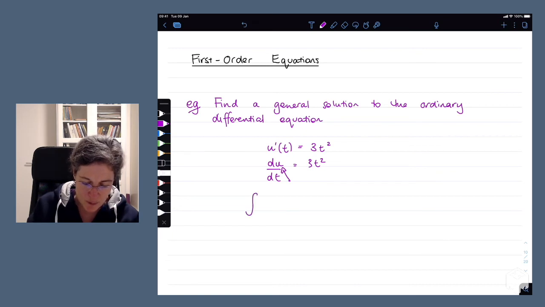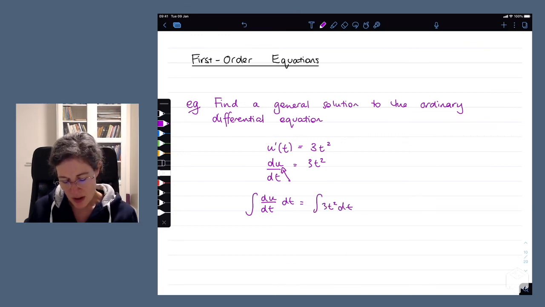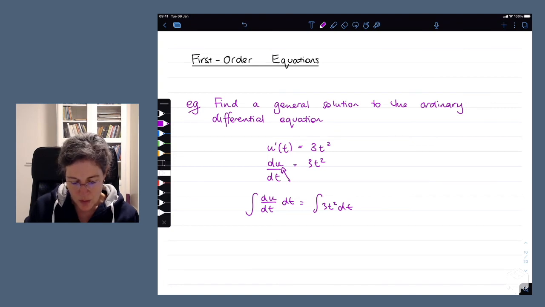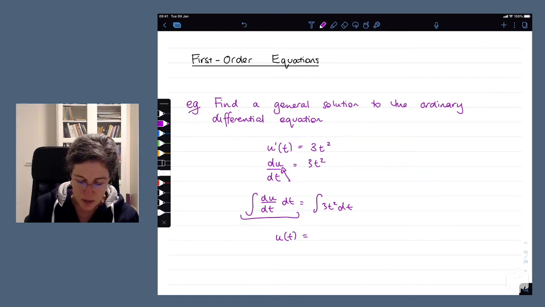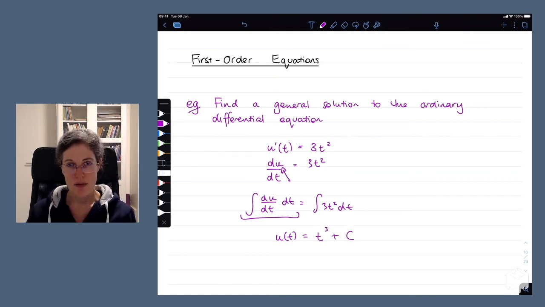If we were writing this out formally, you'd say, well, I'm going to integrate with respect to t. We know that, thanks to the fundamental theorem of calculus, the integral of the derivative is just going to give us u of t, so that's delightful. What is the antiderivative of 3t squared? I hope that you immediately write down t cubed plus c, and we're done. So we just solved our first ordinary differential equation.